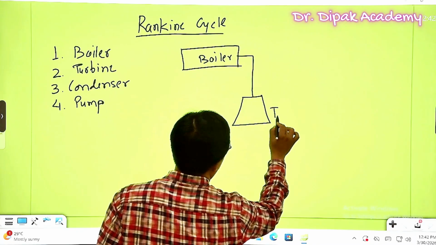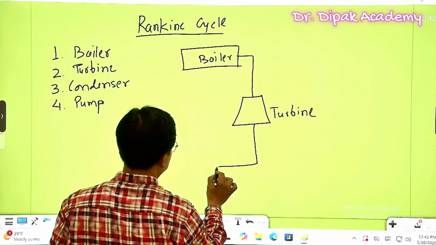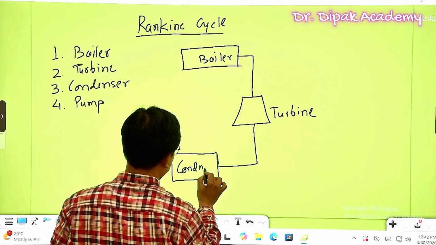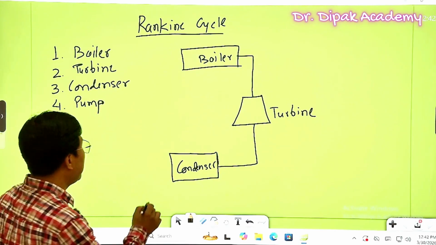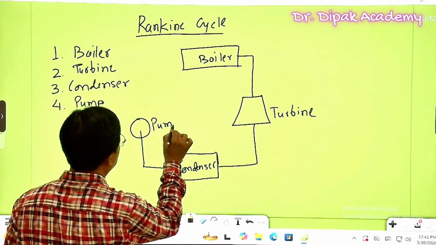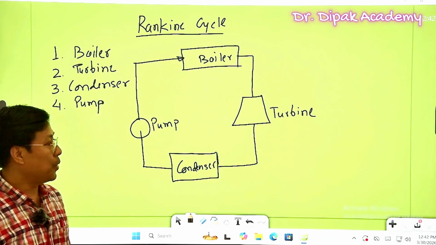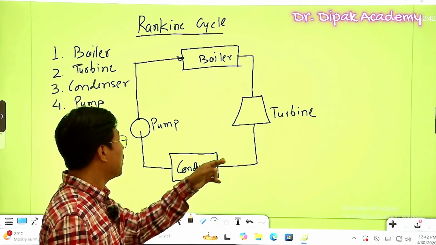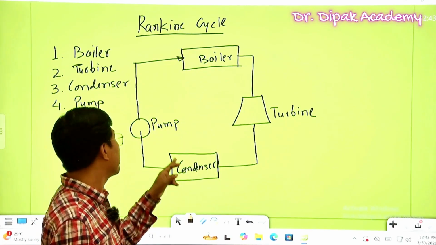So this is going to be the turbine, and after that there will be the condenser, and then from the condenser we'll have a pump. So we can simply understand the Rankine cycle will be completed by all these four machine parts: first boiler, then turbine, condenser, and pump.